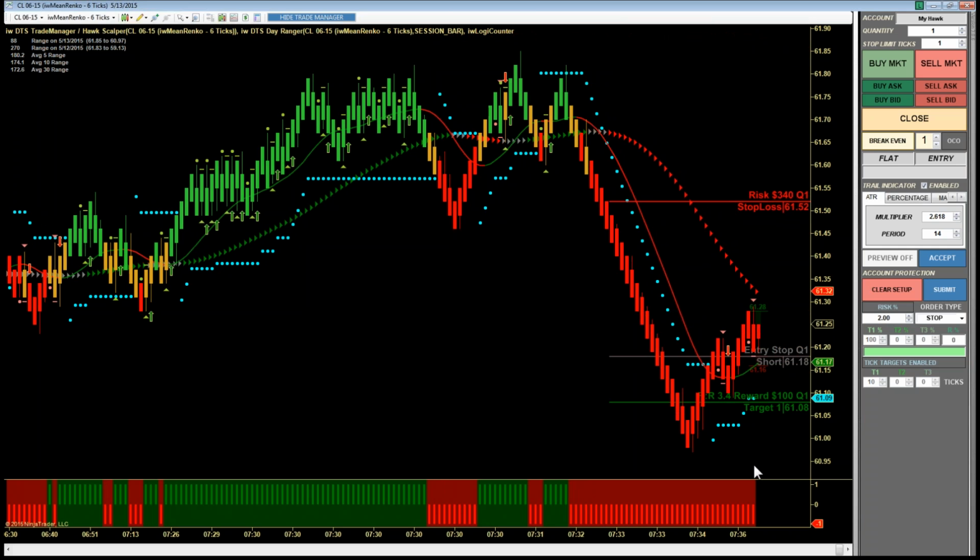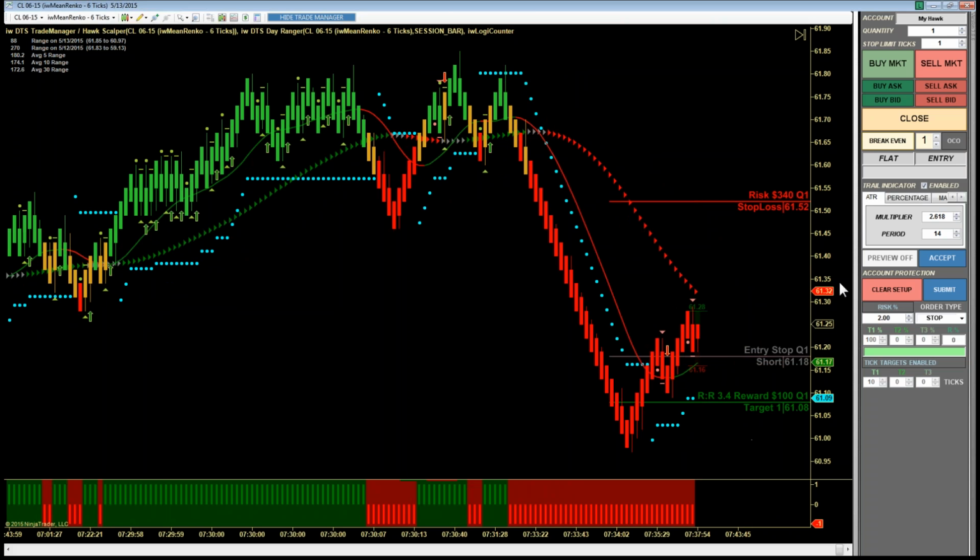Simple as that. So alternatively, I could risk it, you know, to cover above this swing low, the logic being that the old swing low should now be resistance to keep the market from going higher. And it looks like we're getting a little bit of a second push attempt on that one.